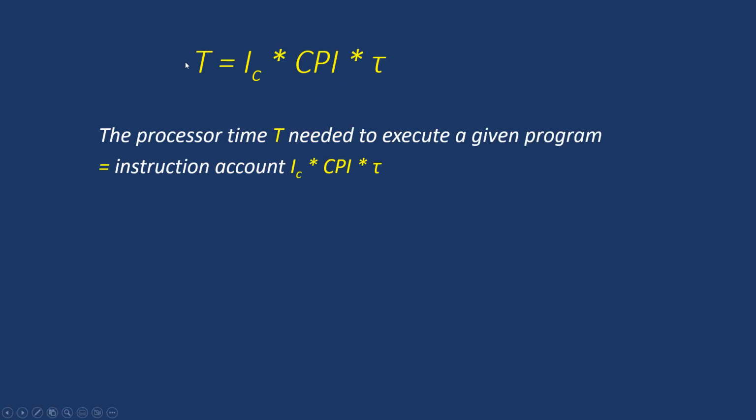Furthermore, the total processor time needed to execute a given program equals the instruction count multiplied by the cycles per instruction, that is how many cycles each instruction takes, multiplied by tau, that is 1 over frequency, how much time each cycle needs.